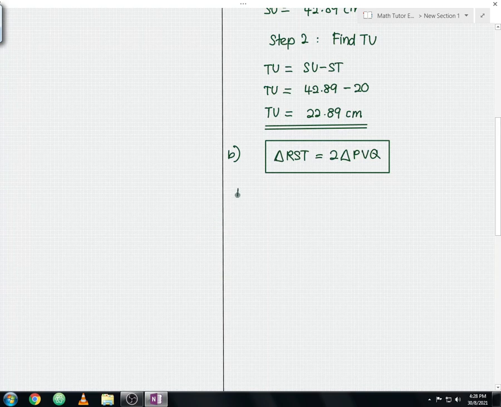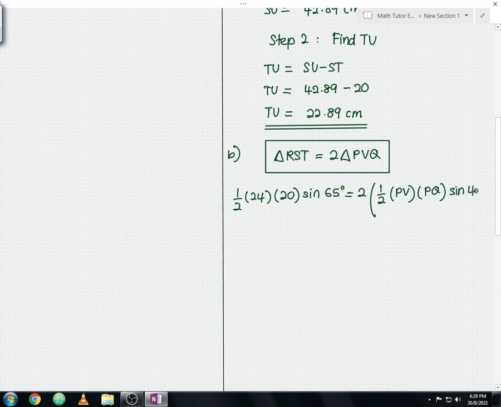Half times 24 times 20, times sine 65 degree, equals to 2 times half times PV times PQ, times sine 45 degree.